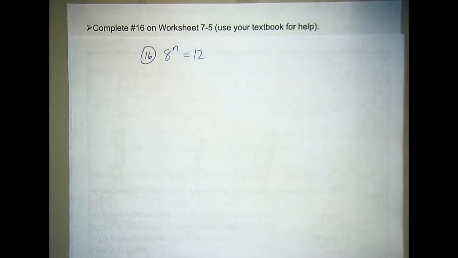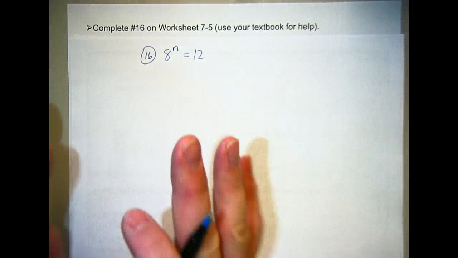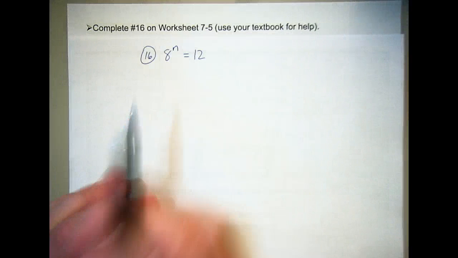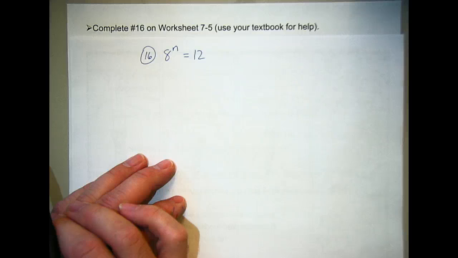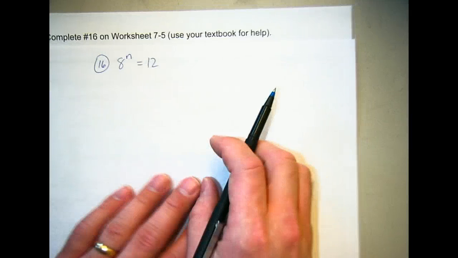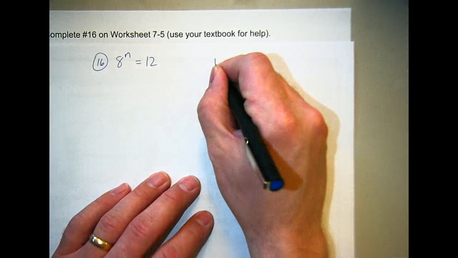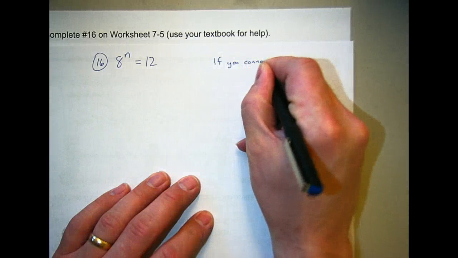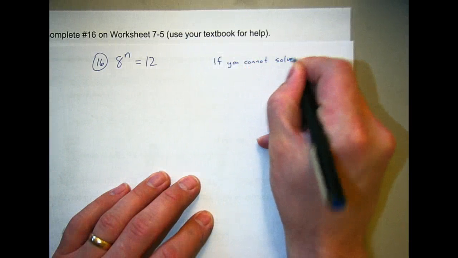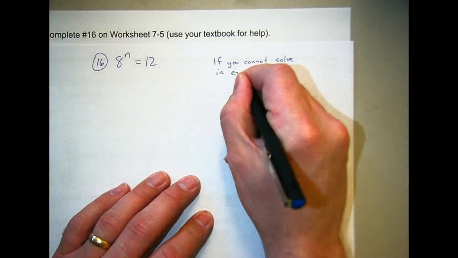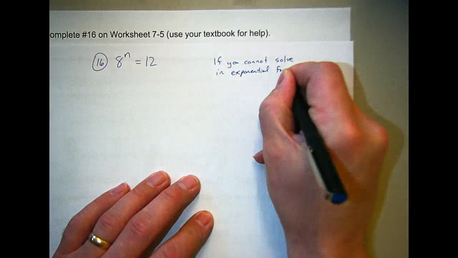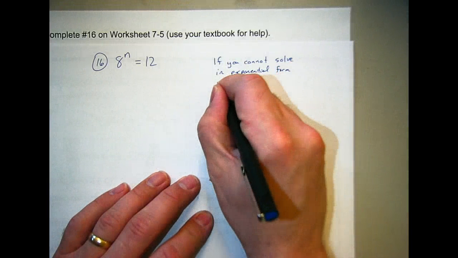So if we don't know how, a good statement to write down today is: if you cannot solve something in exponential form, then you should change it to log form.